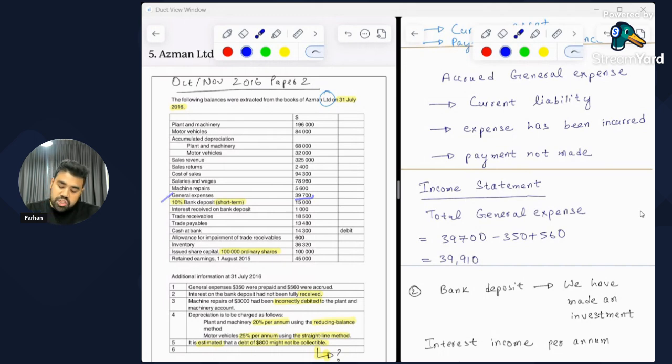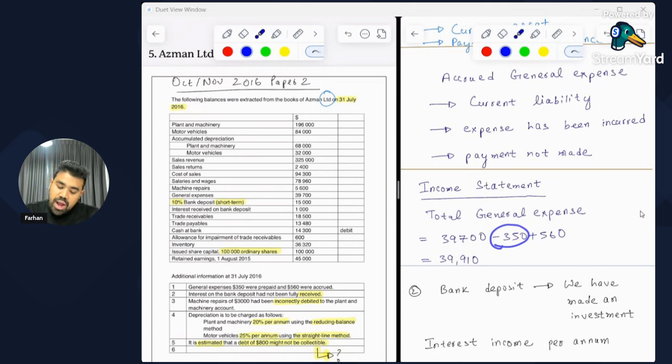Okay, so the adjustment that we have to make here within the income statement when reporting the total general expense is we start with the 39,700, which is given to us here in the table, all right? And then subtract 350 in prepaid general expense because we haven't used this expense in the current period. So therefore, if you want to calculate an accurate profit, we need to make sure it is deducted, okay? Because this is prepaid.